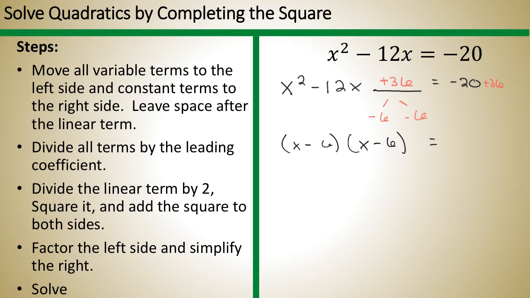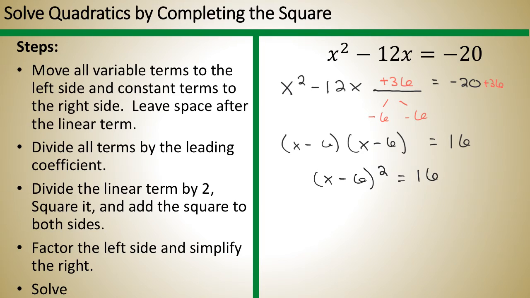I'm going to simplify the right side, negative 20 plus 36, that's 16. Now, whenever I have the same factor twice, I can rewrite this as x minus 6 squared, and that's still equal to 16. And now we are going to solve.